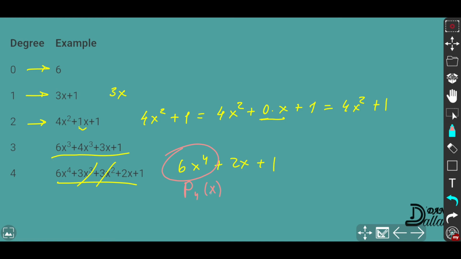You need to be able to understand which coefficients are 0 in this case. If you compare with the general way of writing a polynomial, a4x to the 4 plus a3x cubed plus a2x squared plus a1x plus a0, you understand that in our case we have a3 and a2 equal to 0. Those two coefficients are 0 compared with the general standard form of the polynomial.